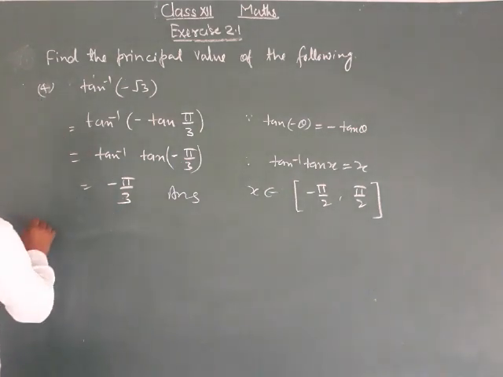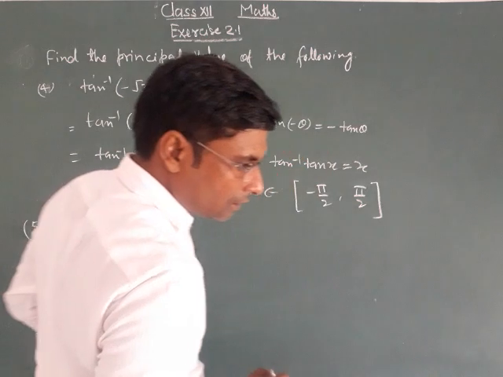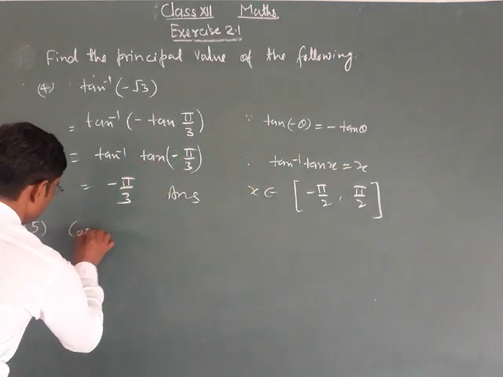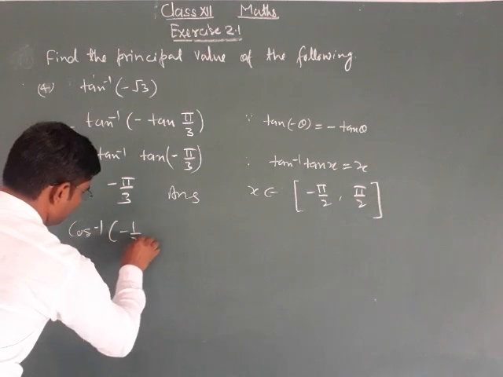Question number 5: cos inverse of minus 1 by 2.